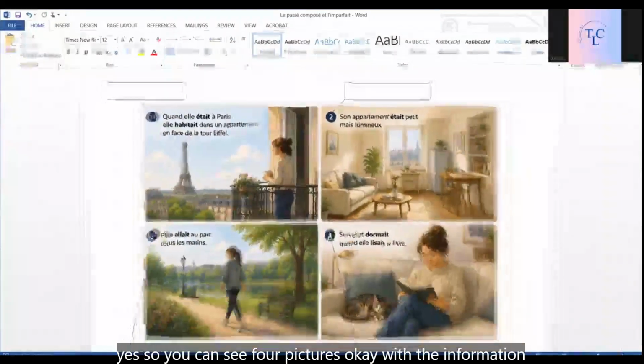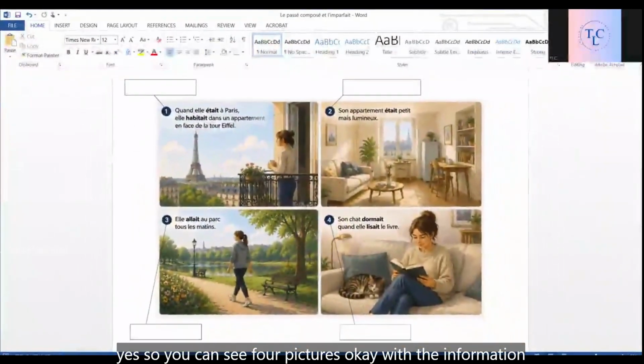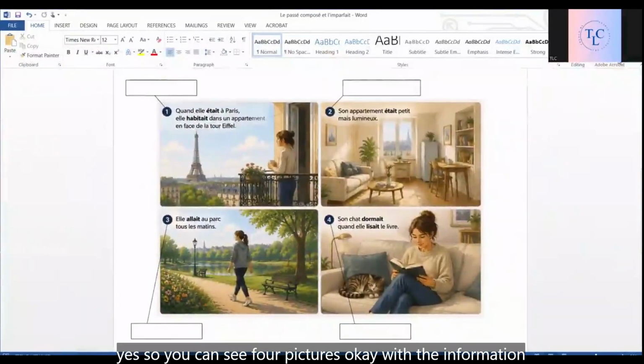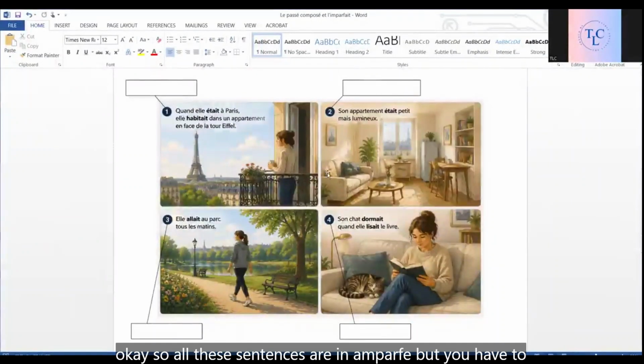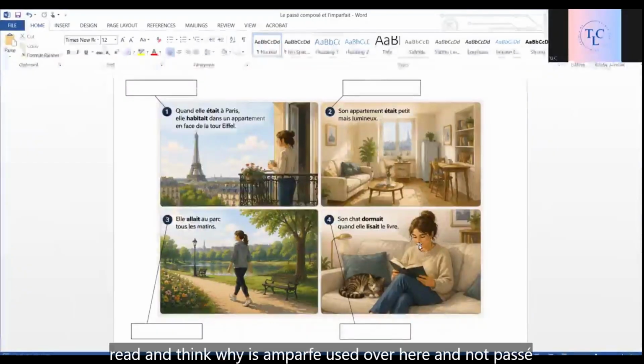Yes, so you can see 4 pictures. Okay, with the information given on that picture, and the words in bold are in imparfait. So all these sentences are in imparfait. But you have to read and think, why is imparfait used over here and not passé composé?